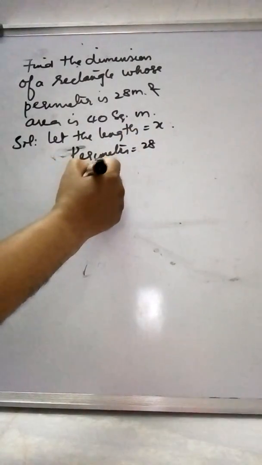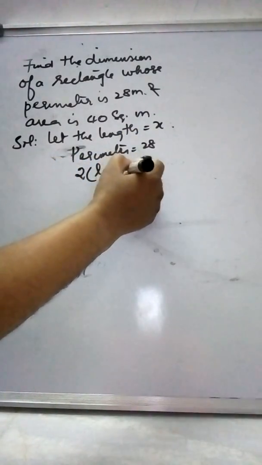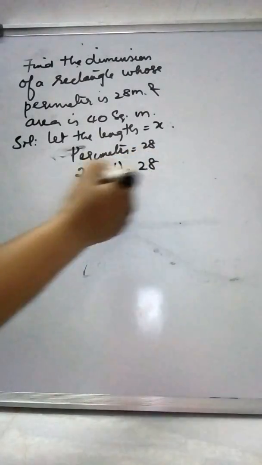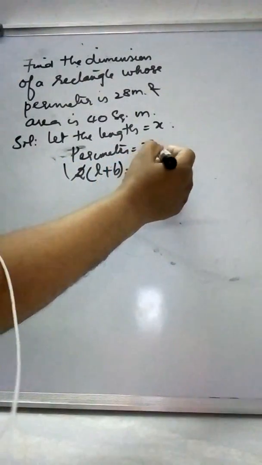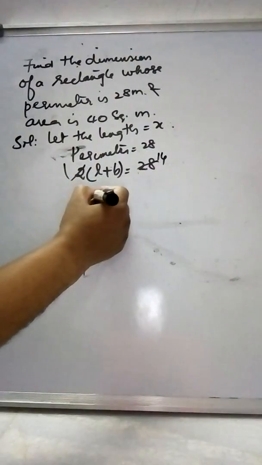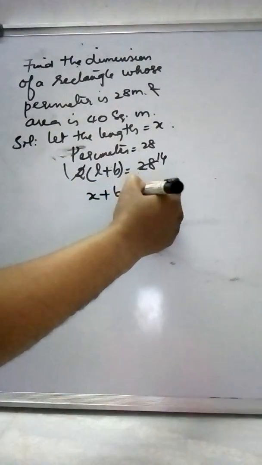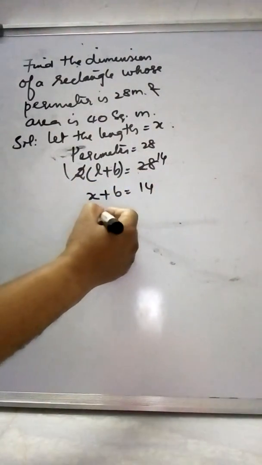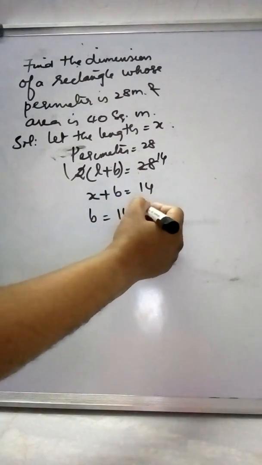So formula for perimeter is 2 into (L plus B) is equals to 28, 2 one times 2, 14 times, L I have taken as x, plus B is equals to 14, so B is equals to 14 minus x.